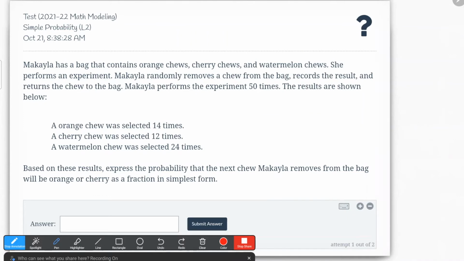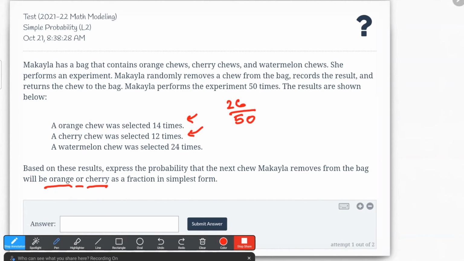In this case, we are asked what is the probability that it is an orange or a cherry. All right, so there are 14 times we got an orange, 12 times we got a cherry. So if it's an orange or a cherry, it would be 26, right? Because of the 50 times she did the experiment, she got a cherry 12 times, orange 14 times, then the total between the two of them is a 26 out of 50 chance.